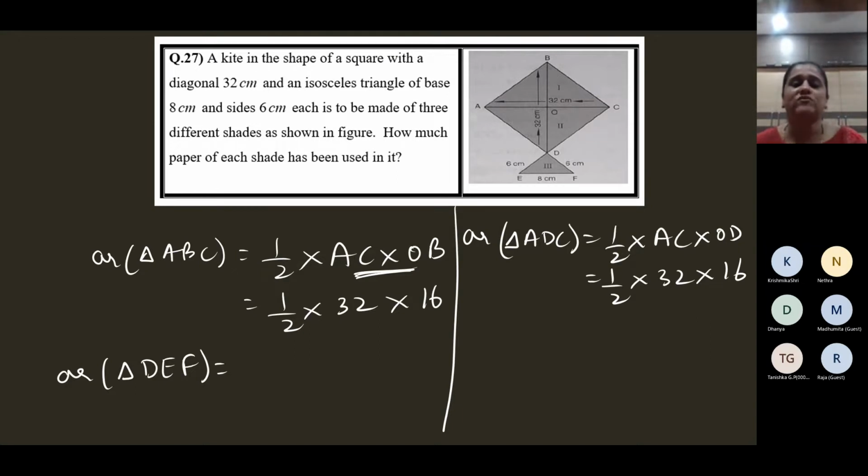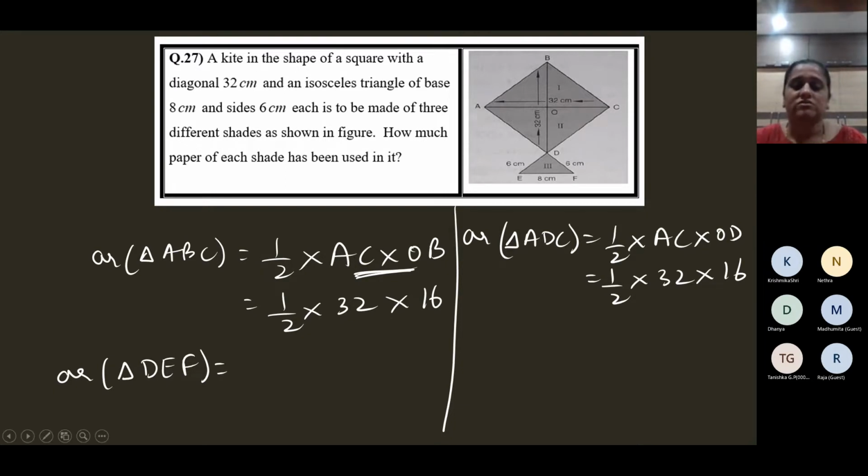What does S stand for? Semi-perimeter. Semi-perimeter means what? Half of the perimeter. What about A, B, C? Sides of the triangle. Very good.